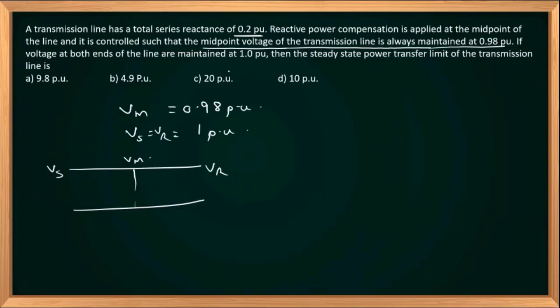Then the steady state power transfer limit of the transmission line, represented as Pmax, is equal to V1 into V2 by X. We'll divide this into 2 cases.